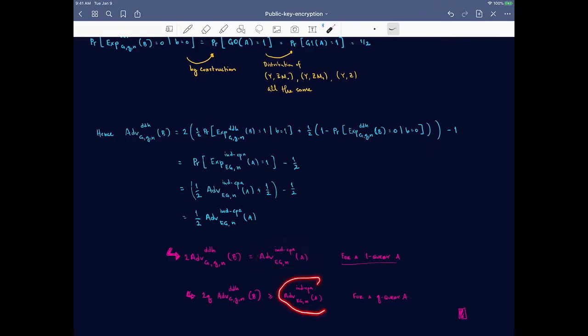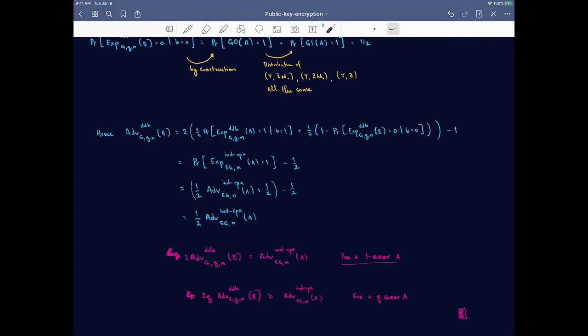But this and this are equivalent, so that means we have to multiply this by Q. So for a Q query adversary, we get this, that 2Q times the DDH advantage is an upper bound on A's probability. And that's for the full Q query adversary A.